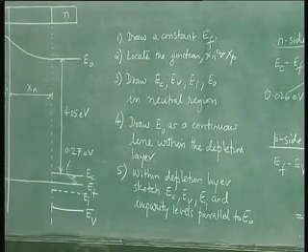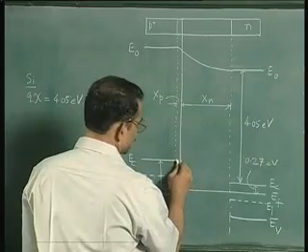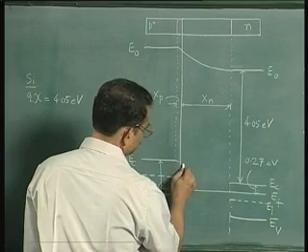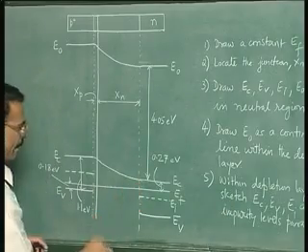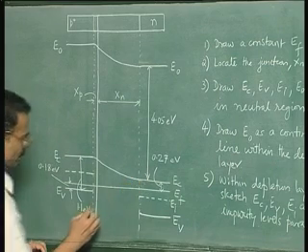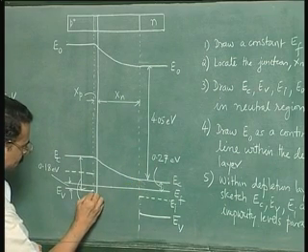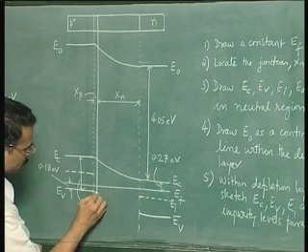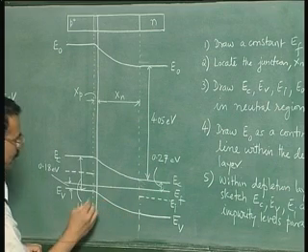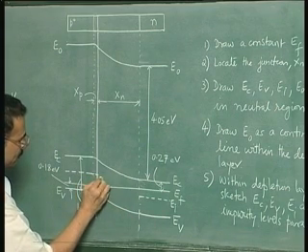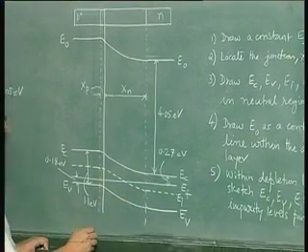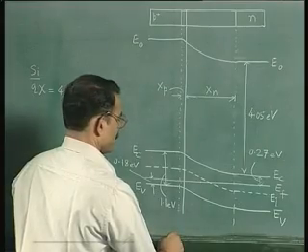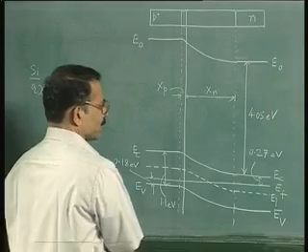So let us do that exercise. So parallel to E naught, we sketch EC, then we sketch EV, and we sketch EI. And then also the impurity levels.